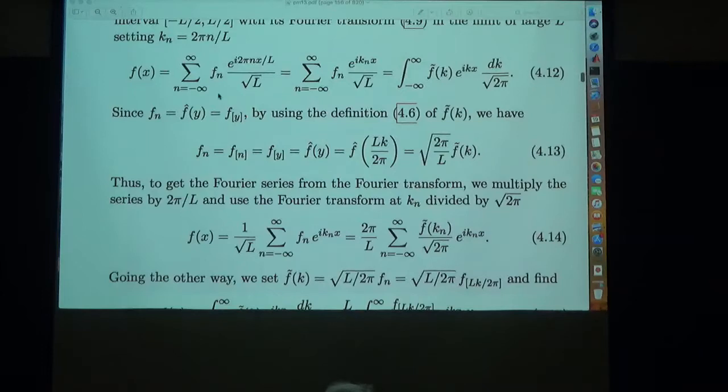And so what you do is you write your function as a Fourier series, and then you write it as a Fourier transform, and you then change this variable to k of n, and then you remember the definition of f tilde in terms of the Fourier series variable.